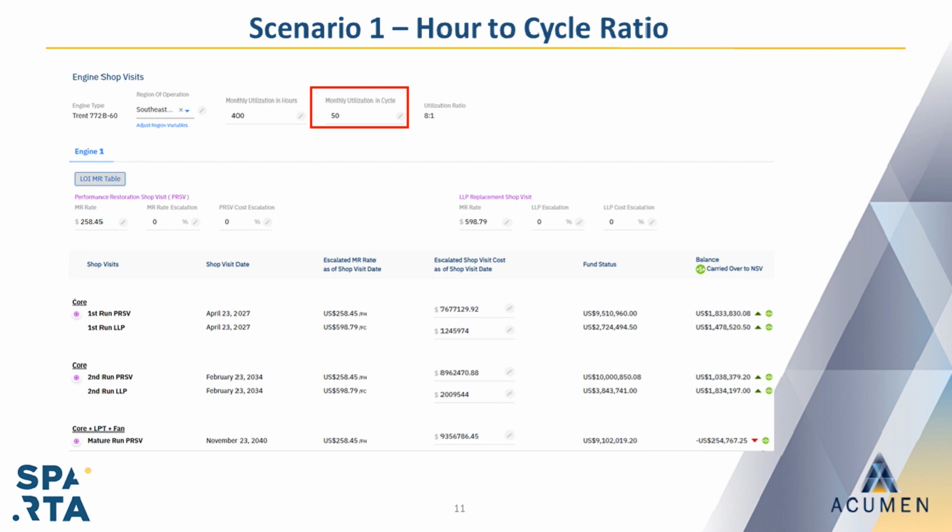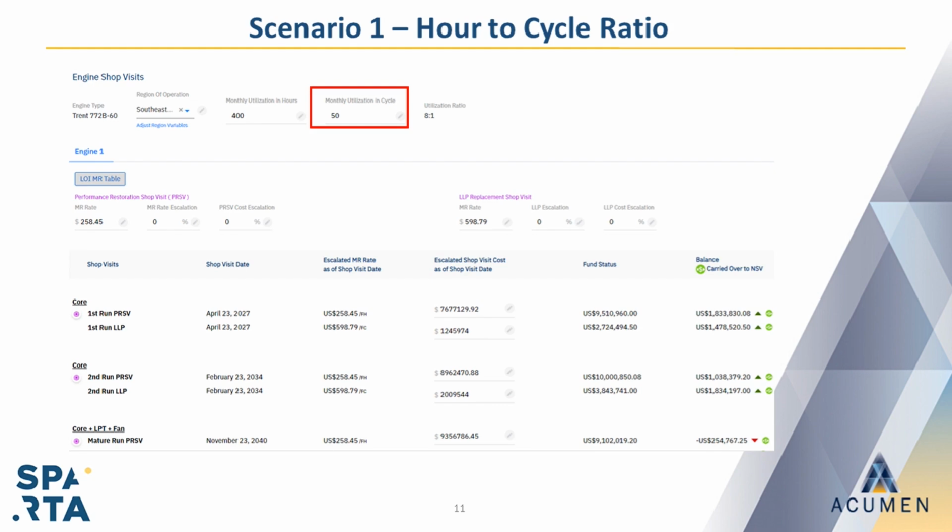Clicking on the Analyze Cash Flow button again, we're able to model the effect of changing individual or multiple variables on the engine's life cycle and cash flow. All of the fields shown here with the pencil icon to the right can be edited, so we can look at the impact of changing the region of operation, the monthly utilization in cycles or hours, as well as the maintenance reserve rate and the LLP reserve rate.